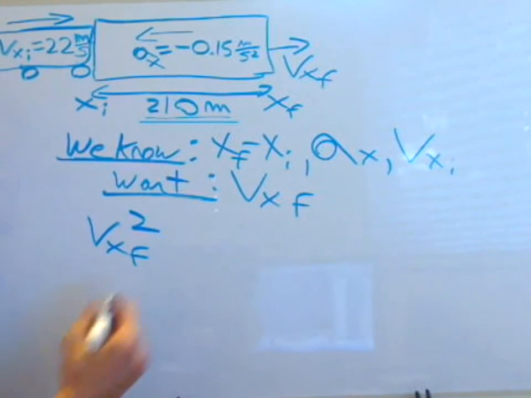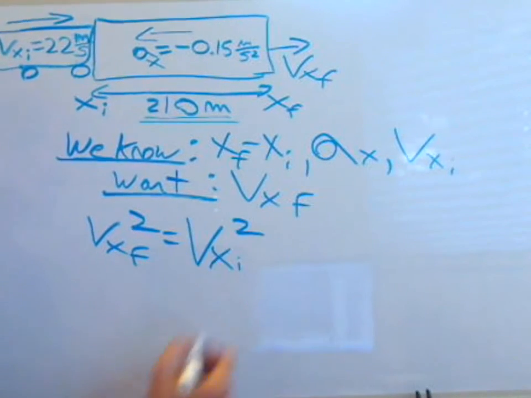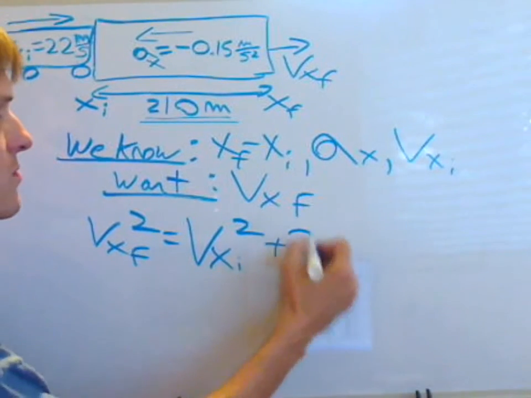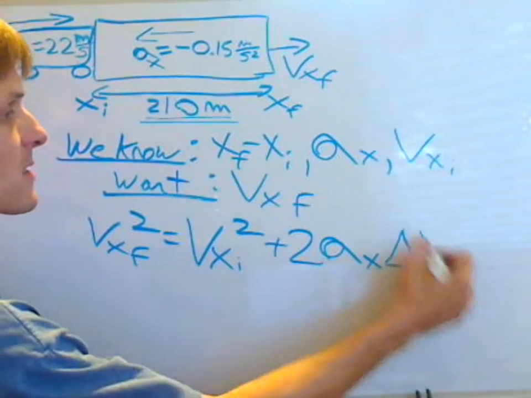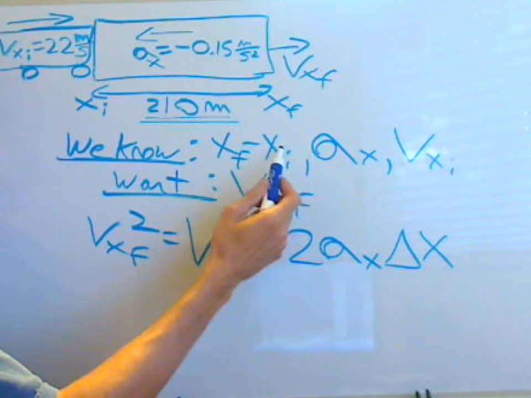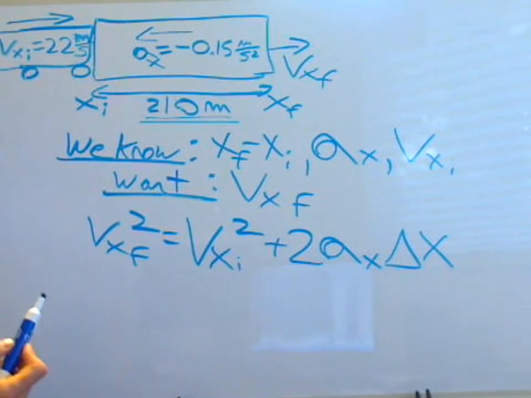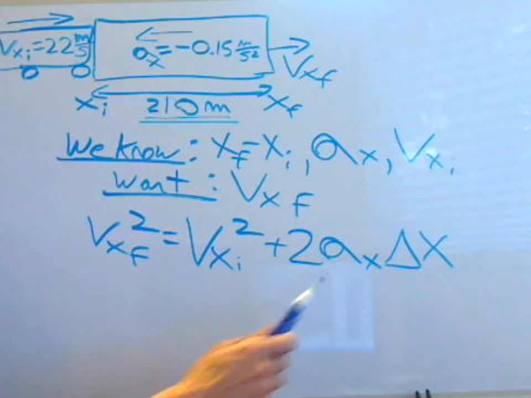Vx final squared equals the initial velocity squared plus 2 times the acceleration times the displacement. And again, the displacement is x final minus x initial. Okay? So we can go ahead and start plugging these numbers into this equation.